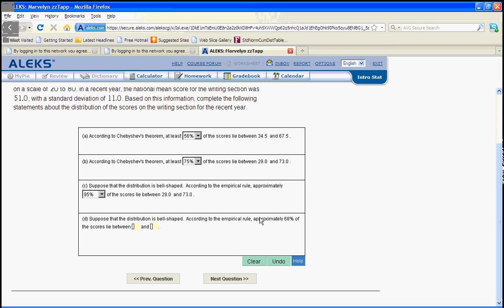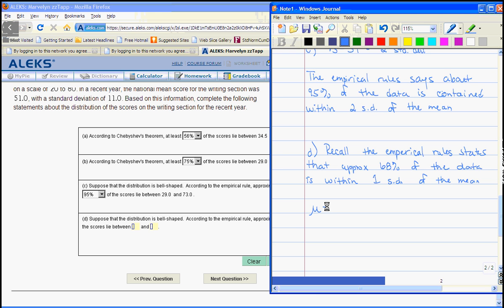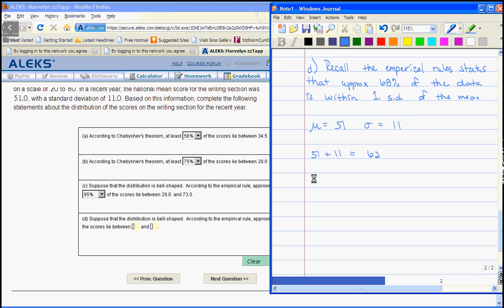So we know it's 68%. That means I just need to find values that are 1 standard deviation above the mean and 1 standard deviation below the mean. So we know that the mean is 51, and we were told that the standard deviation is 11. So to go above it, I'm going to take the mean and add on 11. So that gives me 62. And then to go below the mean, I'll take the 51 and subtract off 11, and that gives me 40.